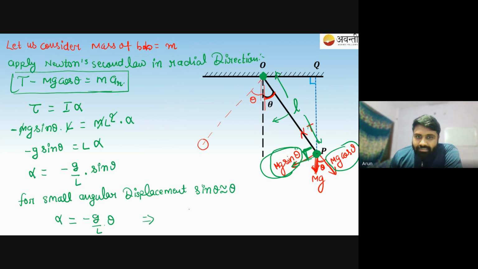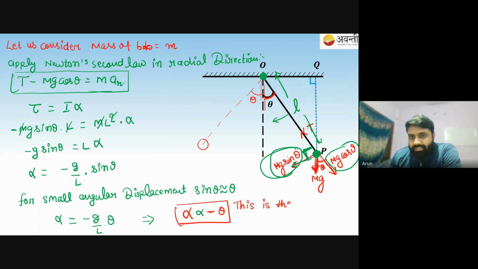So from here you can say that alpha is directly proportional to minus theta. So this is the condition for SHM. Okay, I will tell you, for linear SHM.